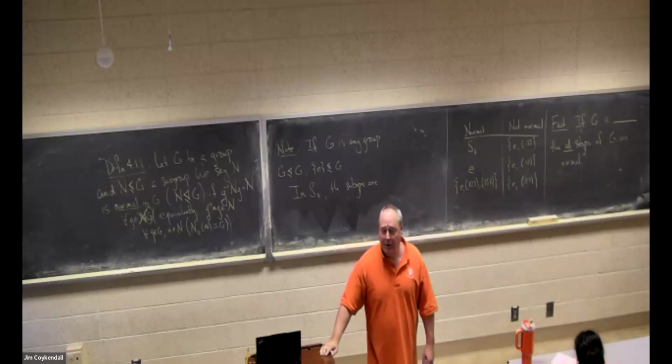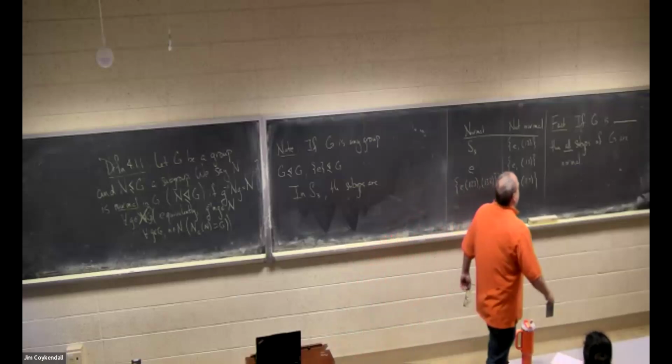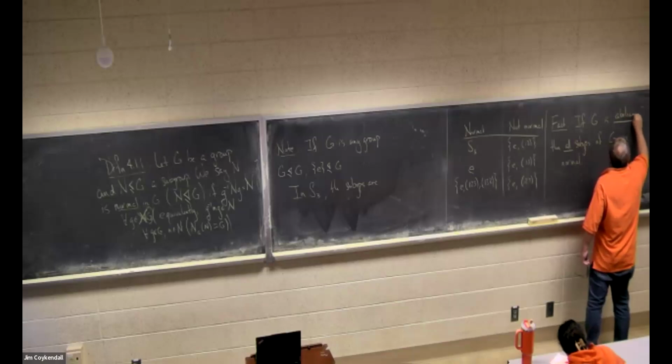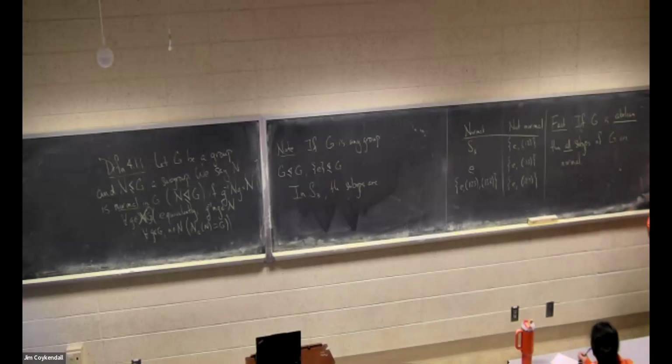Okay, that is correct. Because, well, I can rearrange it using the properties of commutativity. If you have an abelian group, then any subgroup happens to be normal.